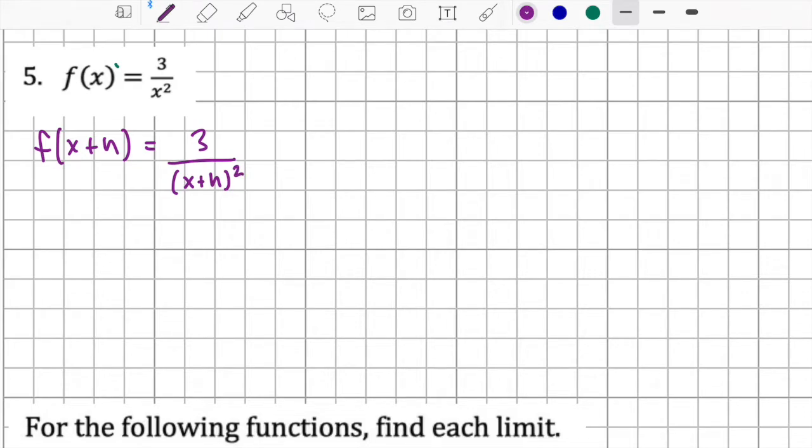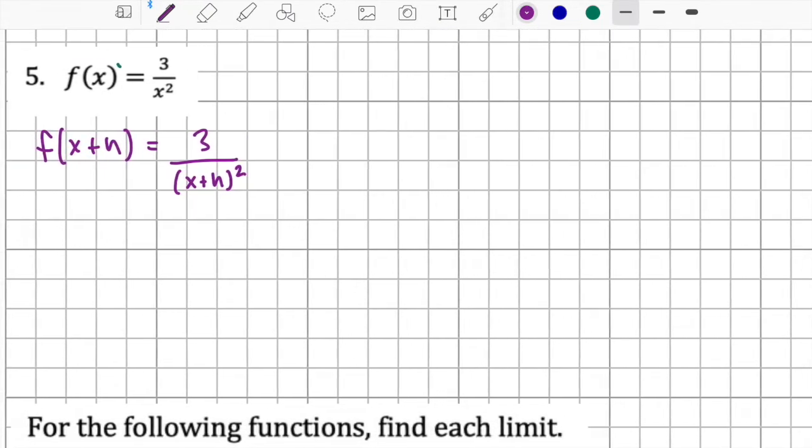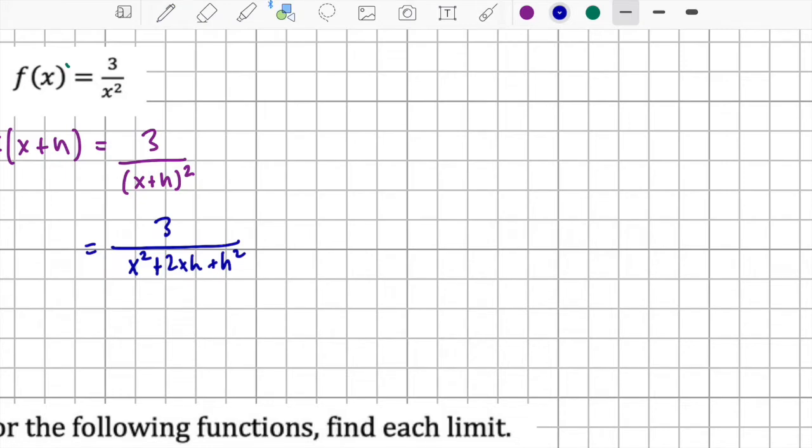For this one, I won't expand now. No, we should. Let's go ahead and expand now. So if we expand it, it'll be 3 divided by x squared plus 2xh plus h squared.